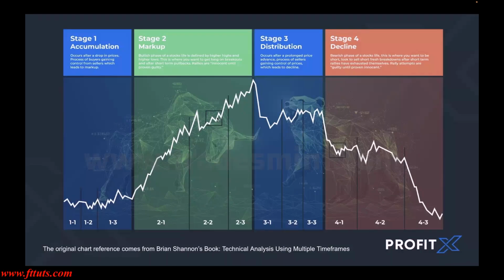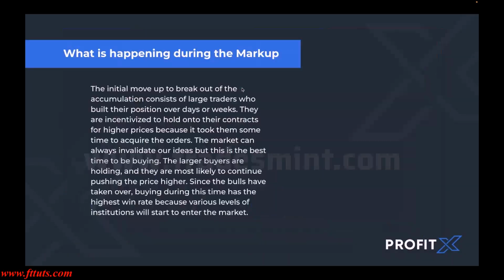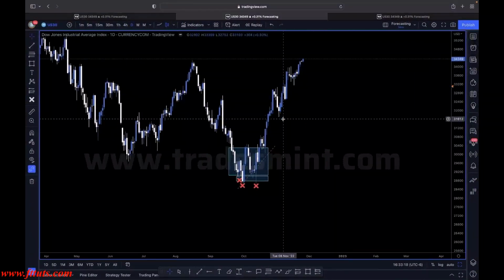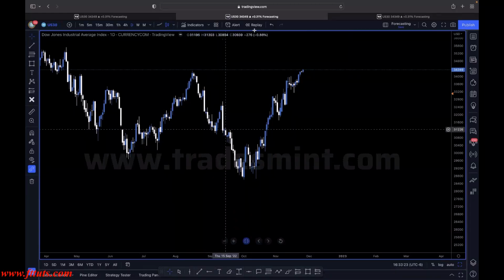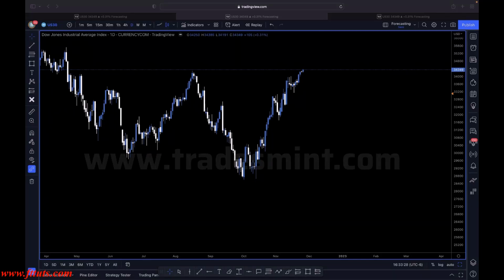And we'll notice as the trend is approaching the distribution phase, you'll start to see some of the momentum will start to decline a little bit. Okay. But we don't want to try to time it, because what happens is sometimes the buyers will see the price getting to a point where there could be potential supply, and they'll take profits.